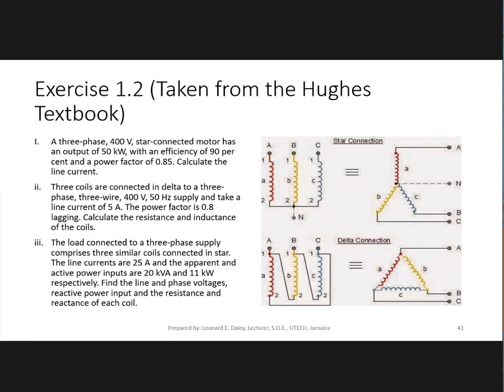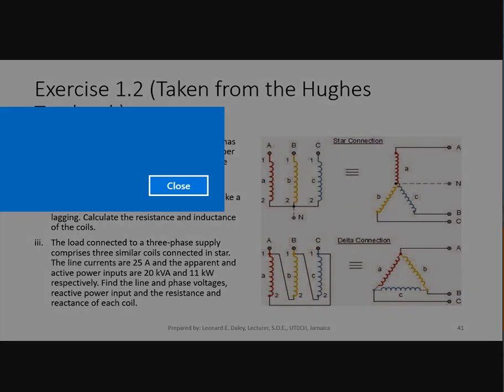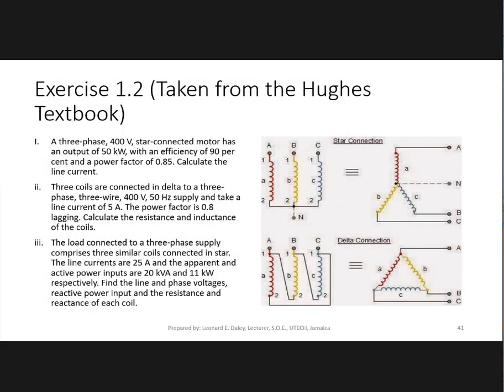We're talking about power output divided by power input. That will be the formula for efficiency: P out over P in. So if you have that, then you can work out what P in would be. Right, Mr. Atkinson? Okay, yes.